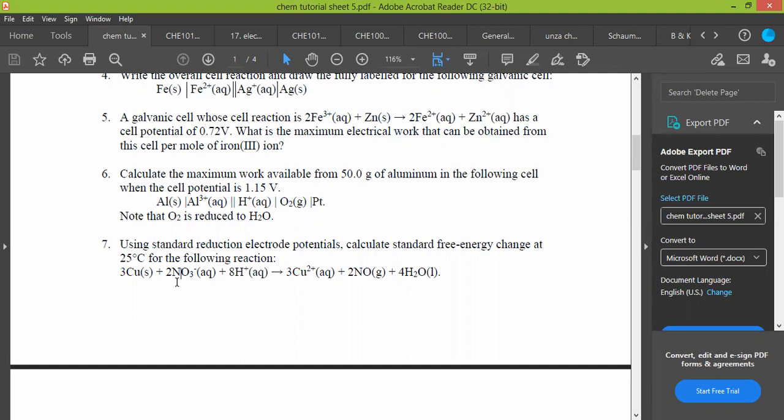Minus 1 plus 6 gives you 5. So the oxidation state for nitrogen on your left is 5. The oxidation state for nitrogen on the right, in NO, is going to be... there is no charge, so the overall charge there is 0.